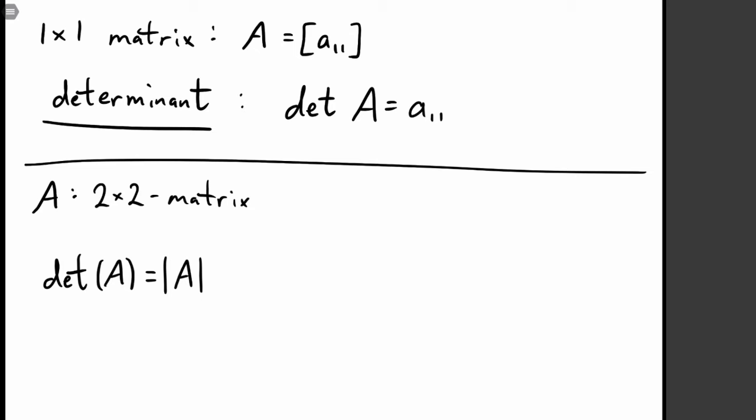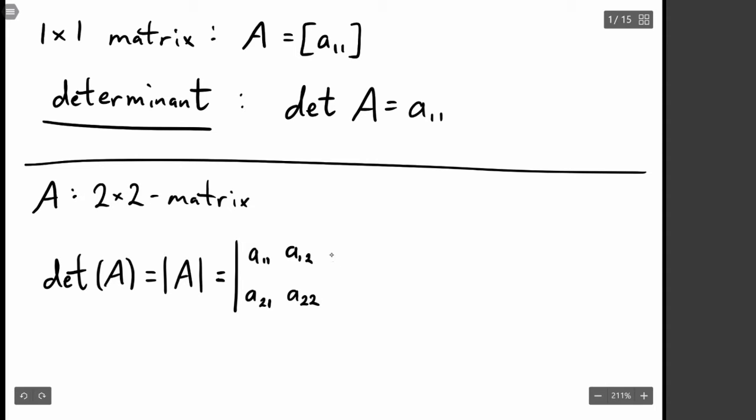Another notation is to write the matrix itself inside some absolute value bar looking things. These are just three different notations for this. This last one's useful for when you're actually computing.